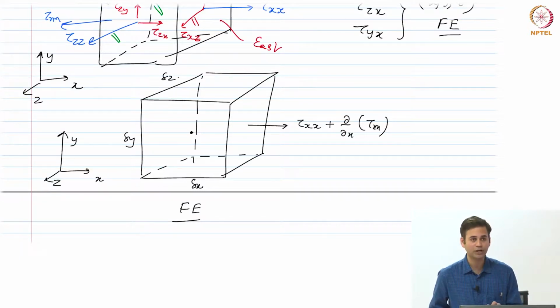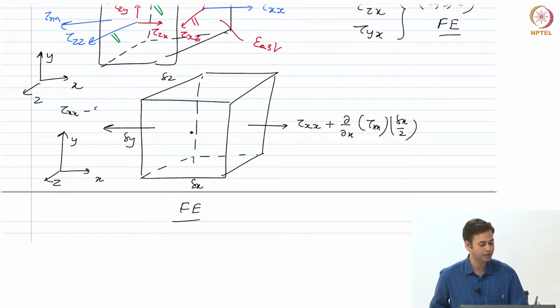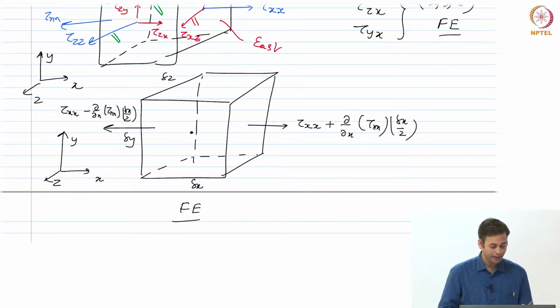So this would be partial tau xx by partial x times delta x by 2, because we define tau xx at the centroid of this fluid element. Then in which direction would the tau xx on the west plane act? It will act in this direction. This would be tau xx minus partial tau xx by partial x times delta x by 2. So that is what we have here.